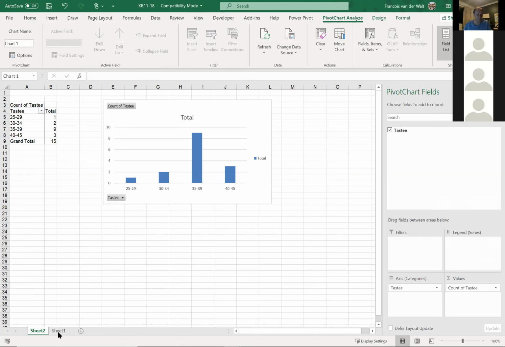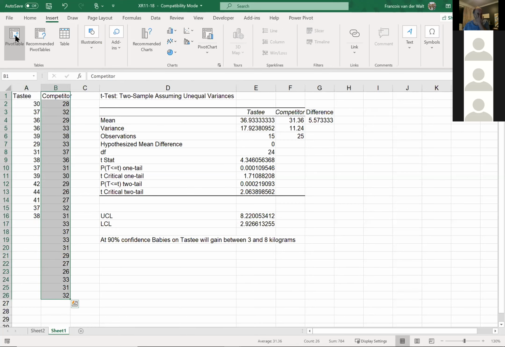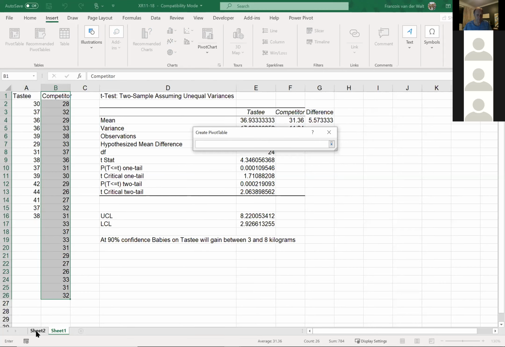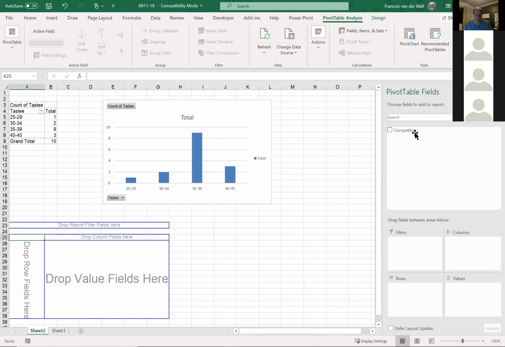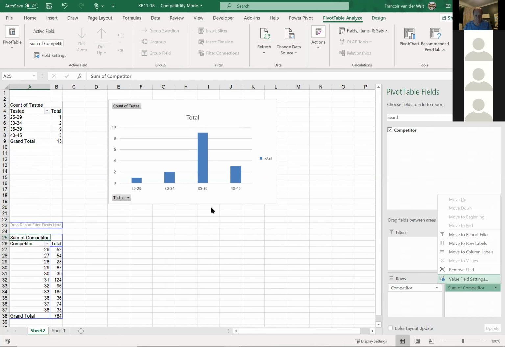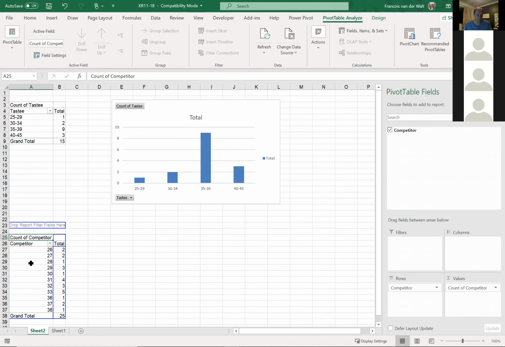What do you think? And I'm going to do this one. Existing worksheet on sheet 2. And drag competitor, change it to count. And this one was 25 to 45 in groups of 5.